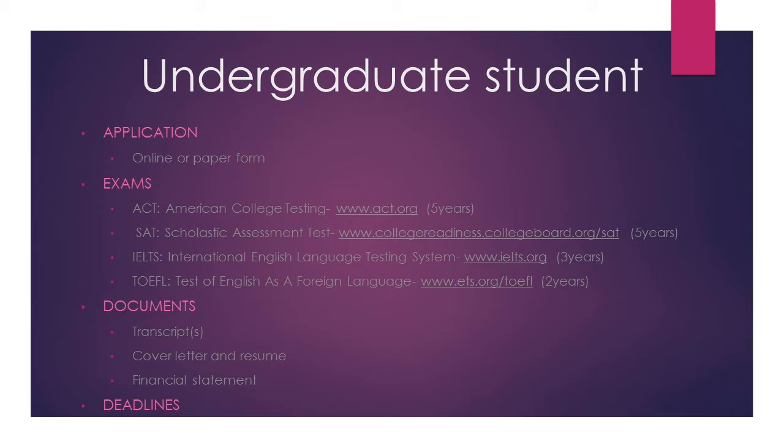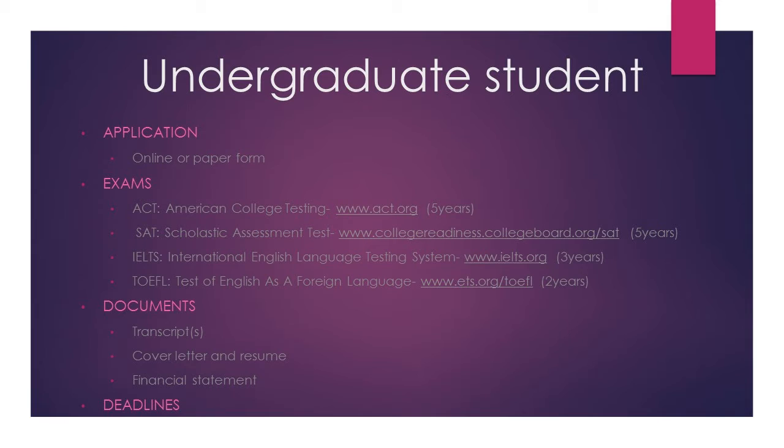Now for the application, it's usually an online application or in paper form, where you print it out, fill it, and send it to the application or admissions office, depending on the option you have available. As you check the website on the admissions tab or section, the options available will be well explained.